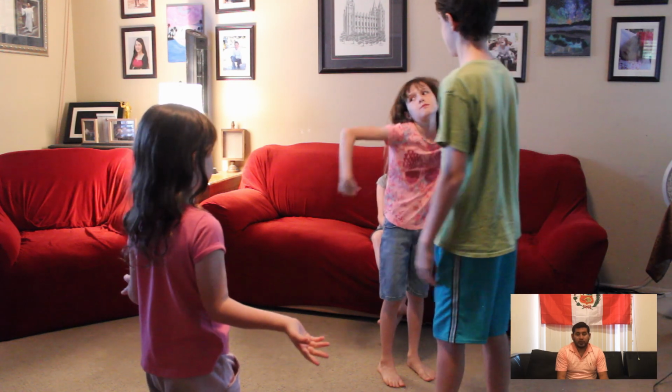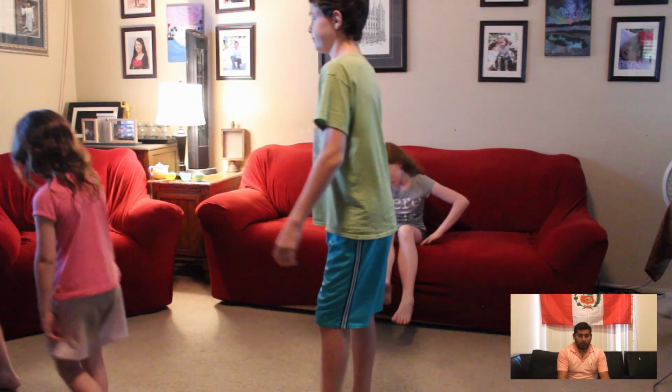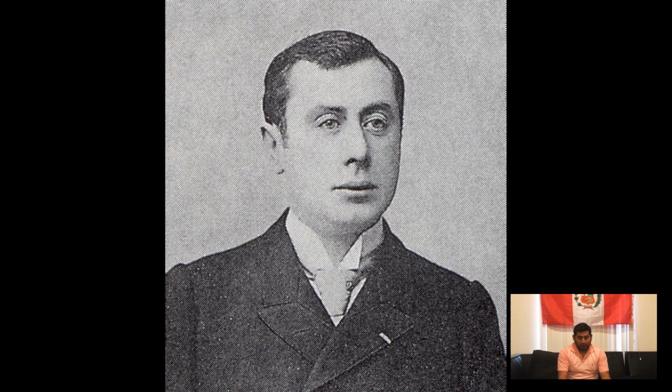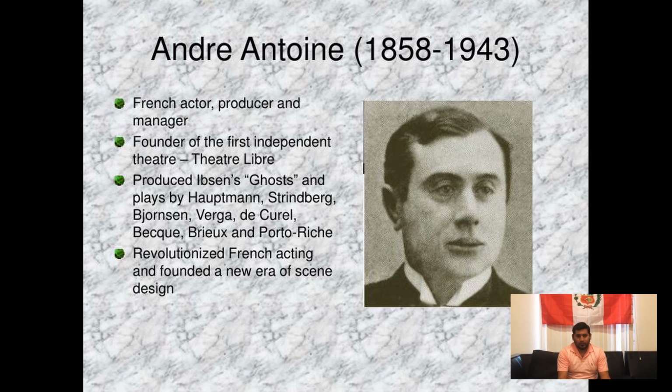Around 1887, André Antoine from France created the first independent theater. He created this place because he couldn't get enough permissions to help the people get involved with him, and there were all the time persons around trying to stop this movement because of the censorship.